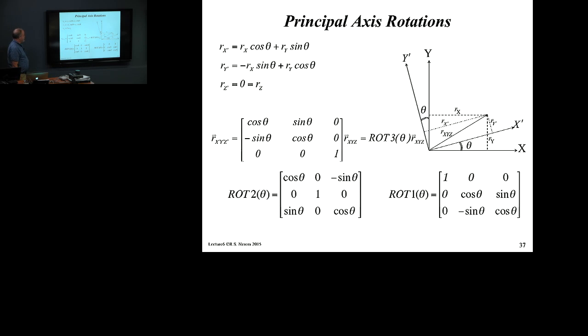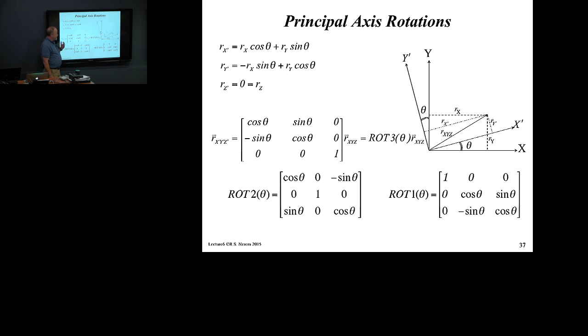So you can actually take this and express it in matrix form. In matrix form, the vector in the prime system is equal to this rotation matrix, which has theta in it, times the vector in the unprimed system.